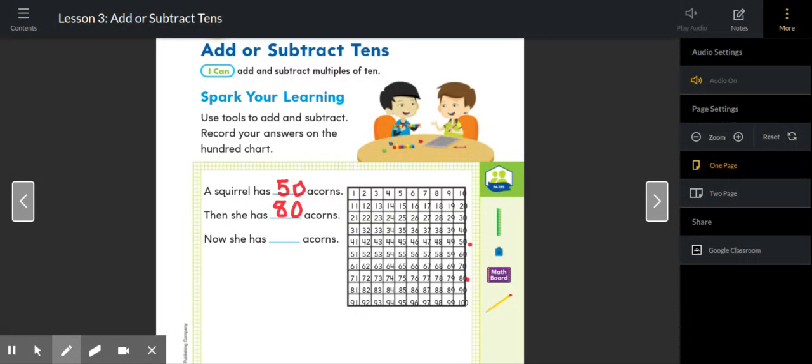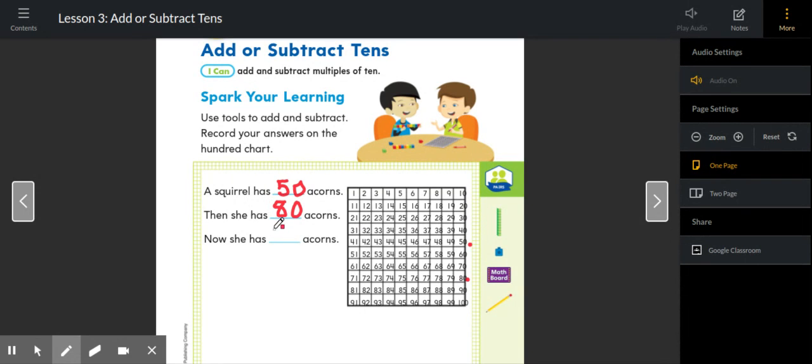Then she buries 60 acorns. So we're starting at this 80 that she collected for the winter, and we're going to show that she buries or gets rid of 60 of her acorns. So it would be 10, 20, 30, 40, 50, 60.